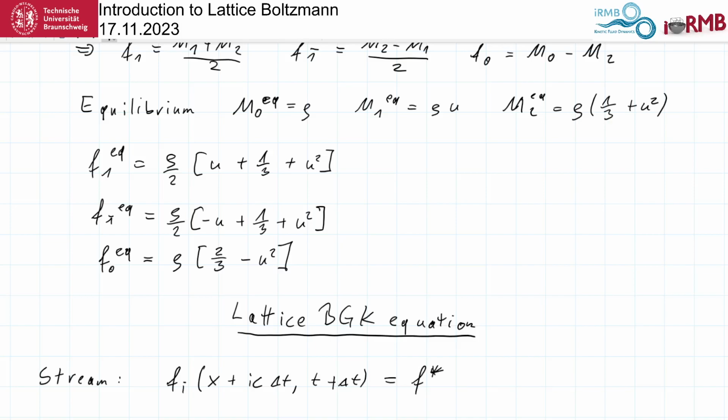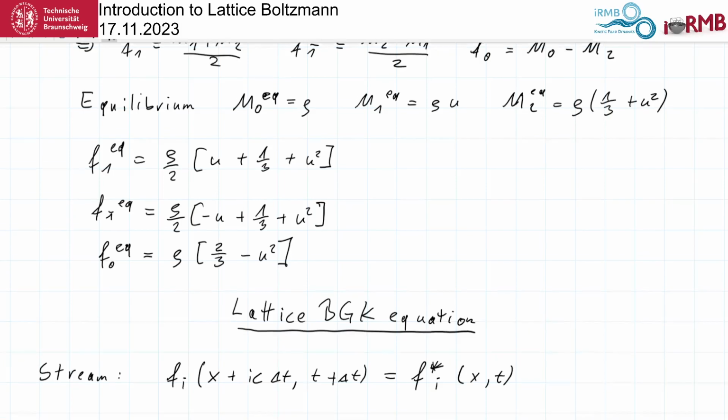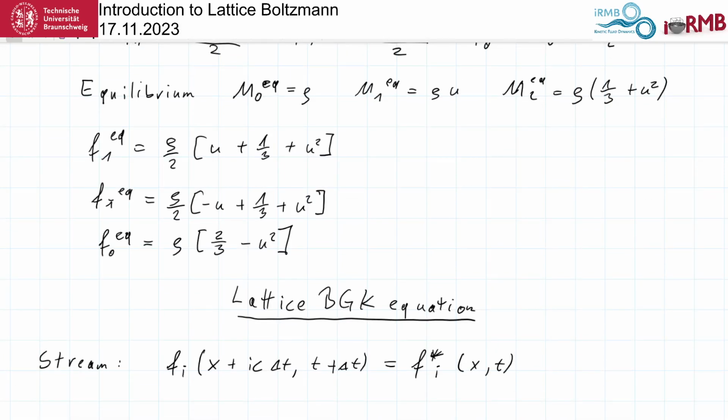We indicate the post-collision with this asterisk. Fi at the current position at the current time, okay? This is what streaming does, yeah? It turns a post-collision distribution into a pre-collision distribution in the future at the neighbor.